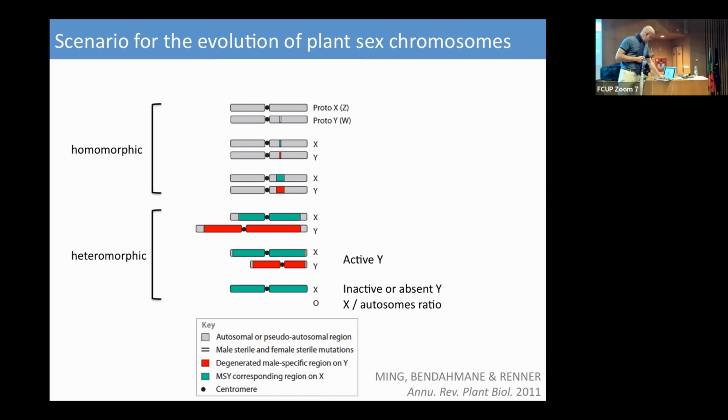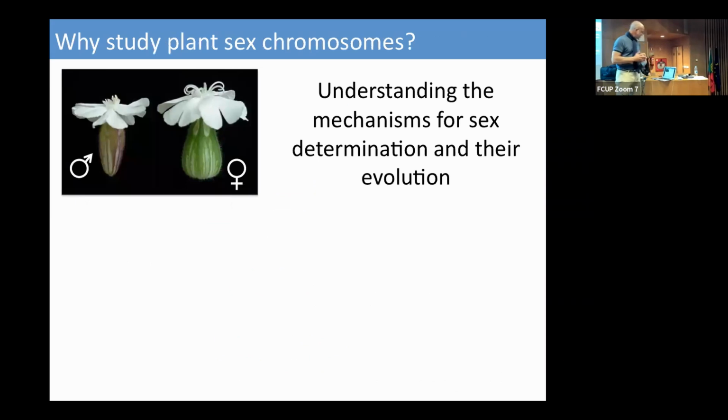So this is the scenario that we have for plants. It relies on very little case studies, and it is mainly inspired from information from animals. So this scenario is extremely fragile. Why is it important to study plant sex chromosomes?